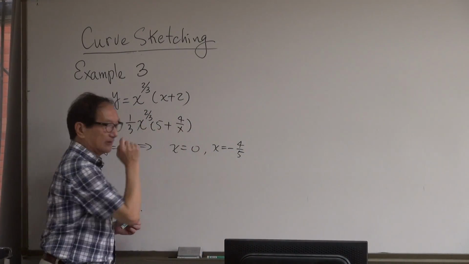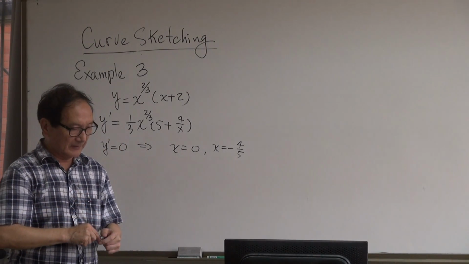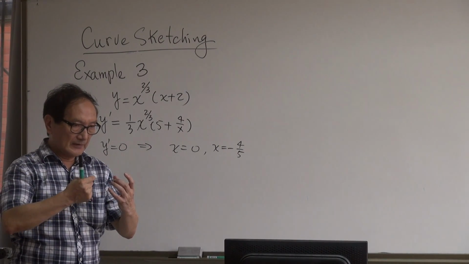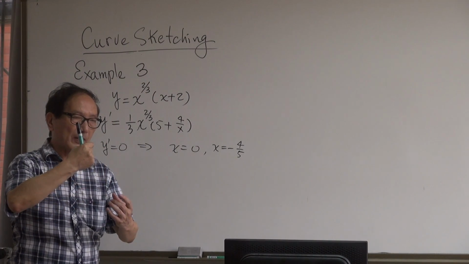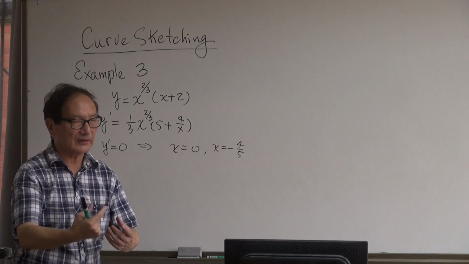Why do we need this point? Because as I said in the first lesson, the curve changes shape at the point where the derivative is 0 or the derivative does not exist.